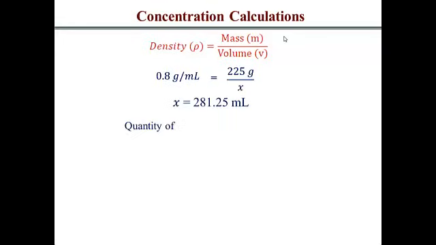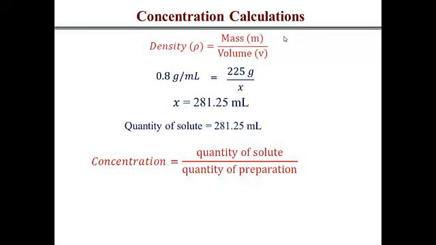So this is how it goes. The quantity of solute is now 281.25 milliliters. We go back to our very nice equation where your concentration is equal to the quantity of solute, which we just determined, divided by the quantity of preparation which was given us in the question. And then we substitute in the information as follows.